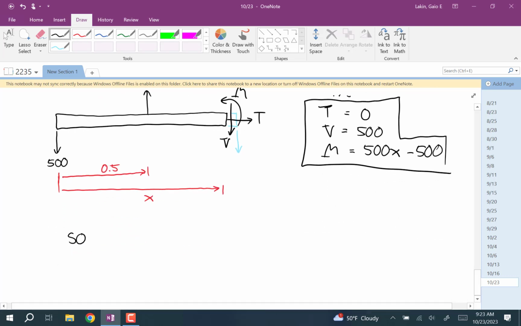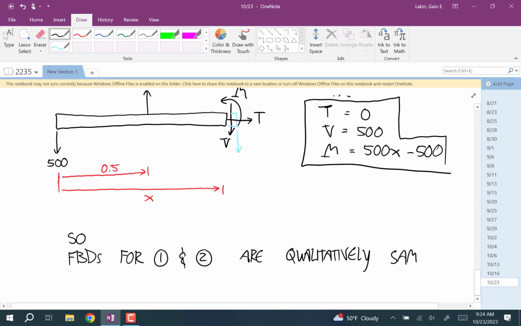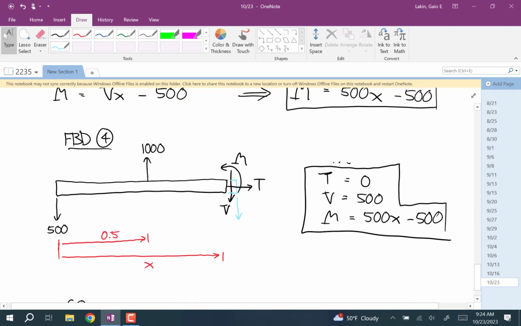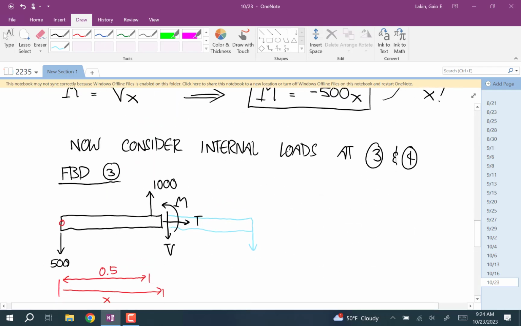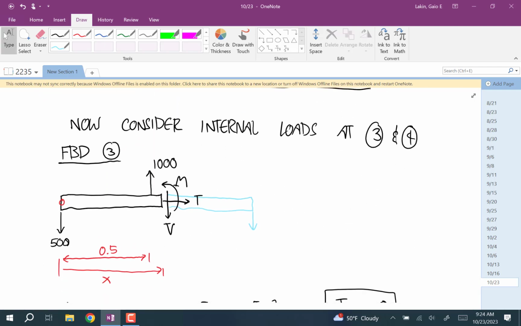Okay, so let me say the free body diagrams for 1 and 2 are, I mean, the distances aren't the same, but they're qualitatively the same. The ones for 3 and 4 are also qualitatively the same.